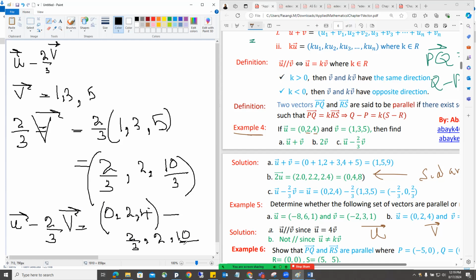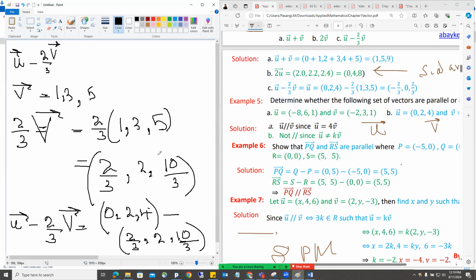Then you need to do the subtraction. 0 minus 2 over 3, that is minus 2 over 3. 2 minus 2, that is 0. 4 minus 10 over 3 means 2 over 3. Those are the values. It's clear, right? How to do these ones?